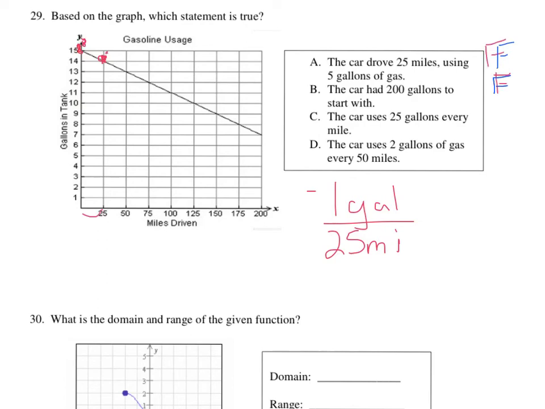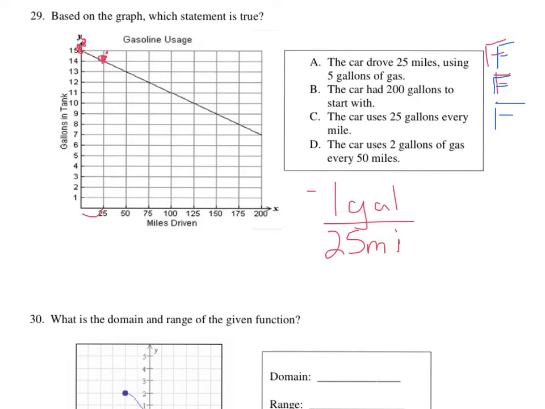C, the car uses 25 gallons every mile. Okay, so we have labels here, right? It took 1 gallon to go 25 miles, not 25 gallons. So not 25 gallons to go 1 mile. They're backwards here. So C is false. And D, the car uses 2 gallons of gas every 50 miles.